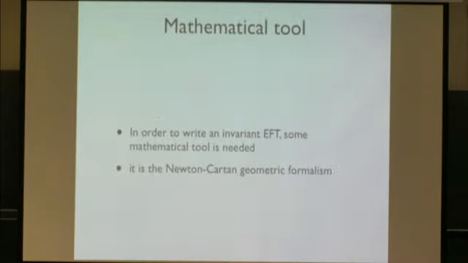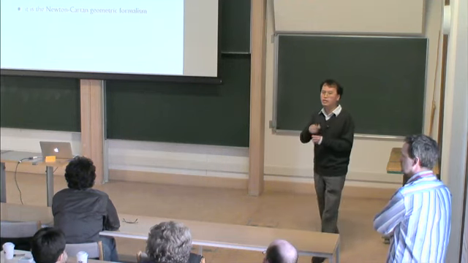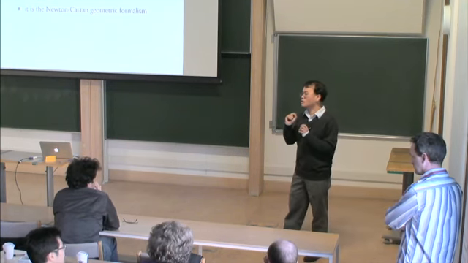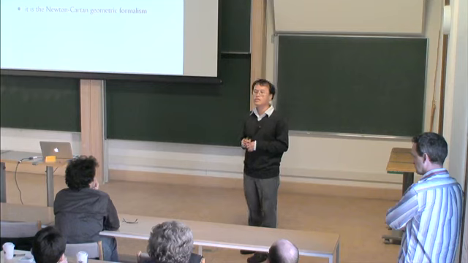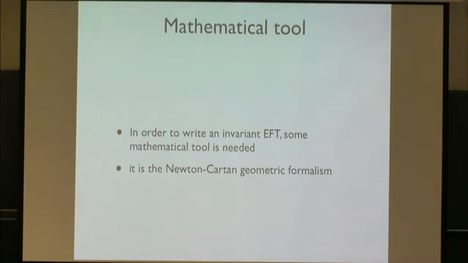So we have some invariance that doesn't look very nice. We need some mathematical tool to write down terms that are guaranteed by construction to be invariant under this symmetry. One of these formalisms is the so-called Newton-Cartan geometric formalism.